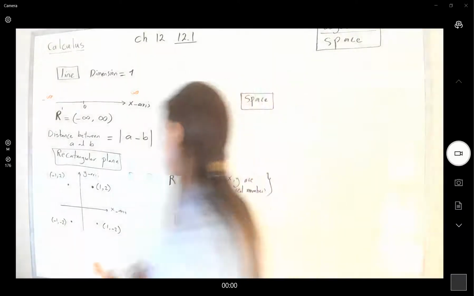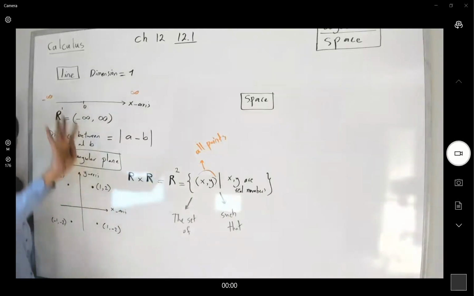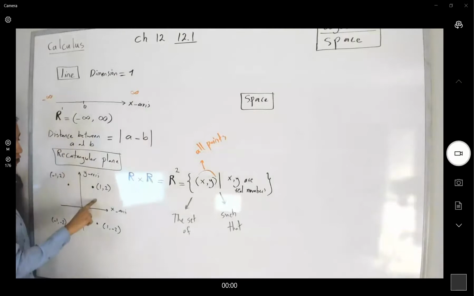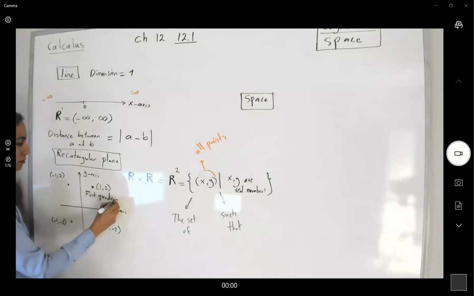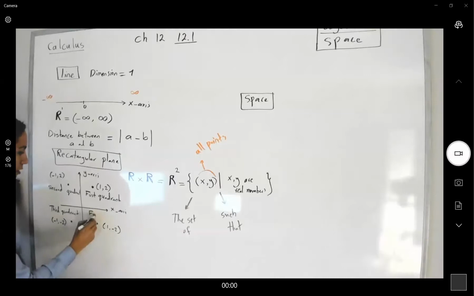Then remember that we say that x and y divide the plane into 4 pieces, 4 sections. First quadrant, the second quadrant, the third quadrant, and the fourth quadrant.